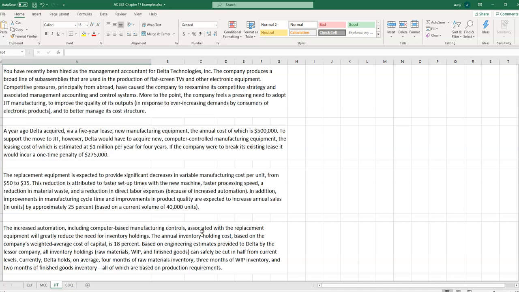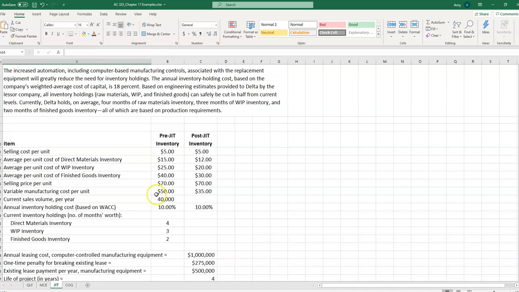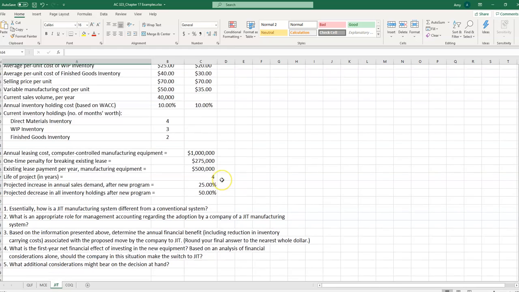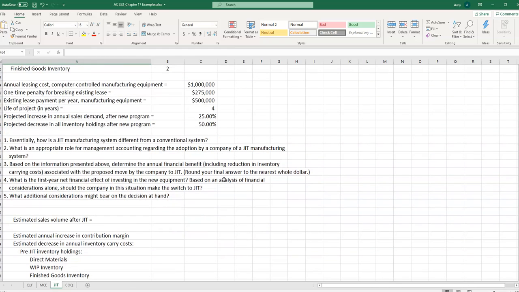So what this problem asks us to do is look at all of our information for before and after and decide if we want to take on this system. So do we want to move into a just-in-time manufacturing-based system? I already talked about how it's different from a conventional system. Now we want to look at the numbers.